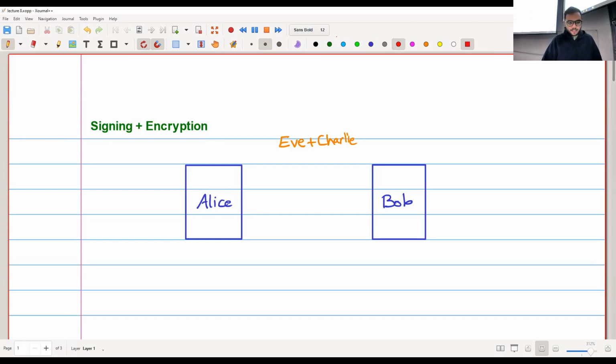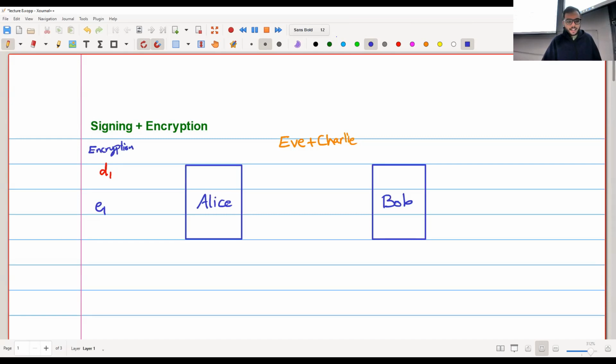So Alice has a private key and a public key. Let's say I call it D1 and E1. And let's say that D1 is Alice's private key for receiving encrypted messages. So this is for decryption. E1 is the public key that Alice sends to everyone else, and everyone knows that if they want to send a message to Alice, they have to use E1. So these are the keys for encryption.